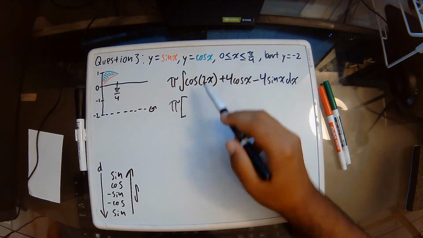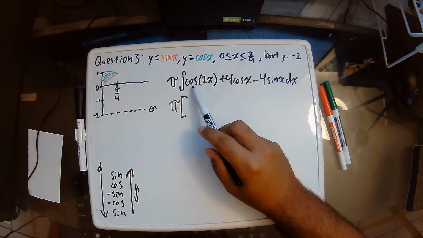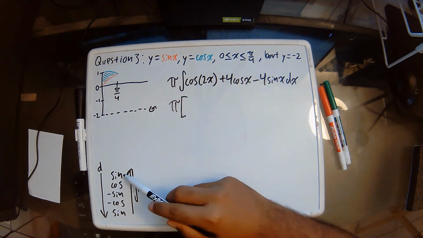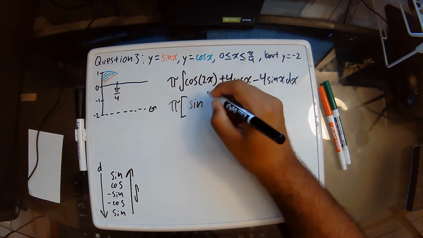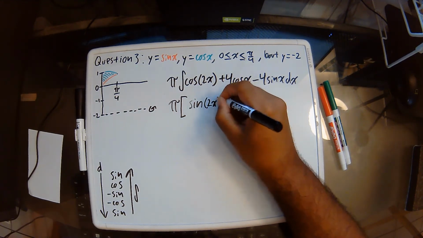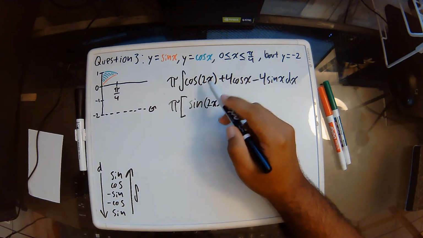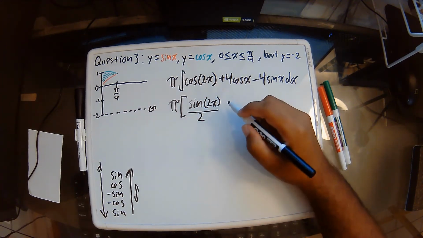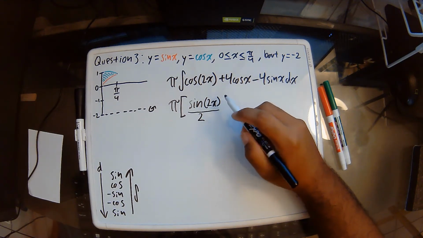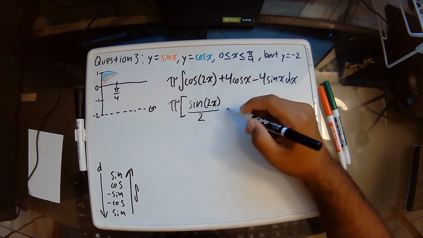And we will use it here exactly. So when we go from cosine, we go to sine. So this is sine 2x. Because there's a 2 inside, we have to divide by that coefficient as well, especially because we were working backwards.